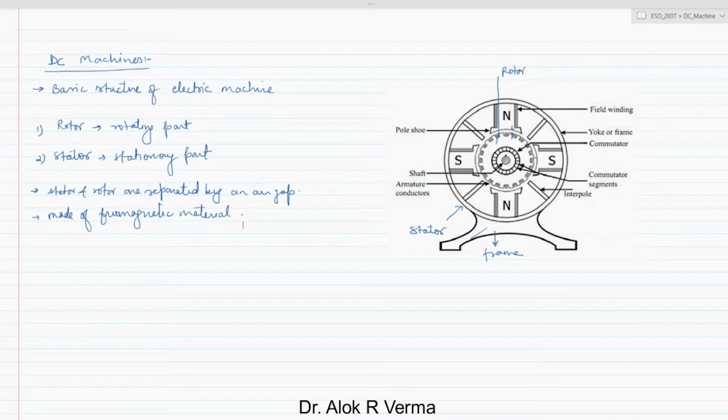In general, the stationary part is the outer part, where the motor is fixed to some structure or some body. But depending upon the application, suppose you see a ceiling fan, in that case the electric machine is such that the outer part is rotating, the fan blades are rotating, right?